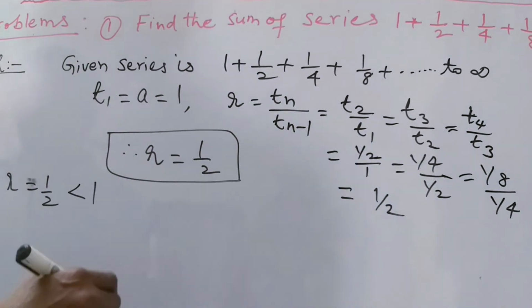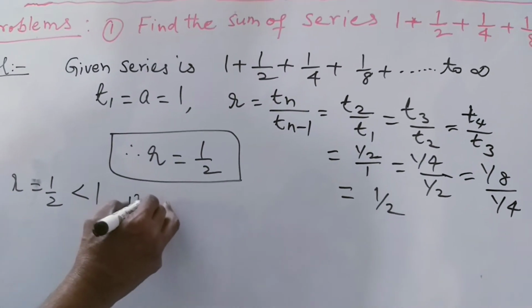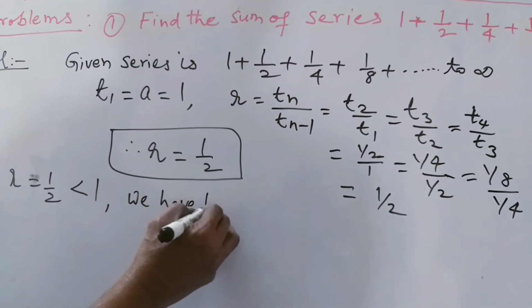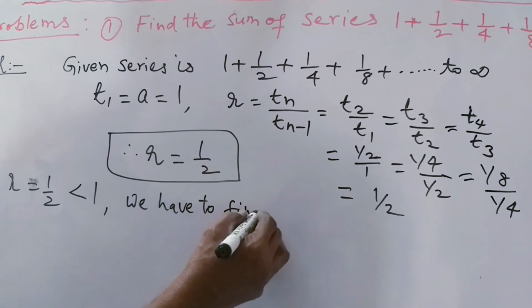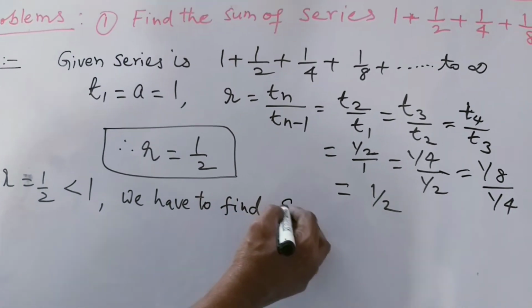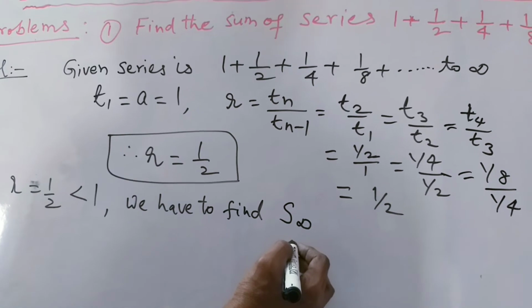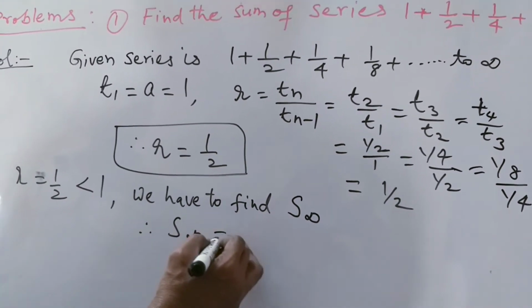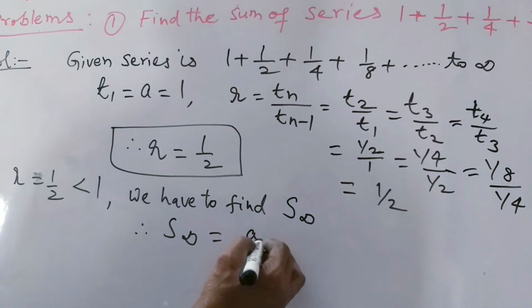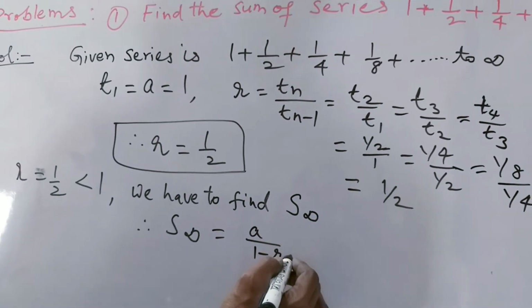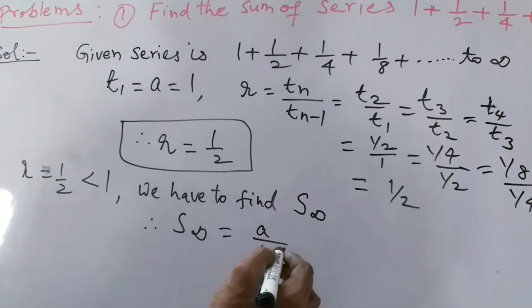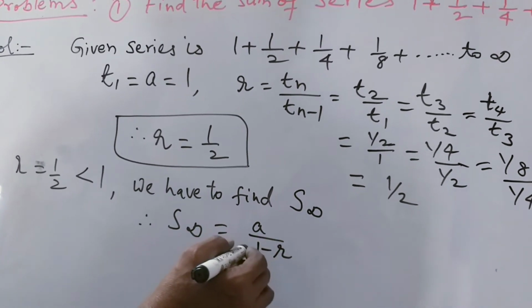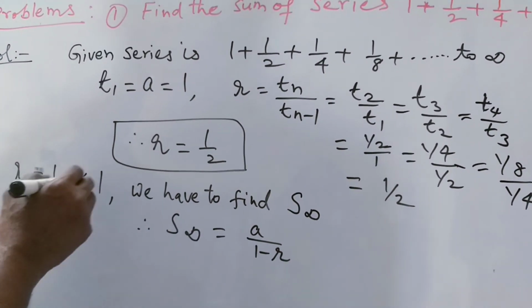We have to find the sum to infinity terms. Therefore, sum to infinity is equal to a by 1 minus r. A by 1 minus r is used when the common ratio is less than 1.